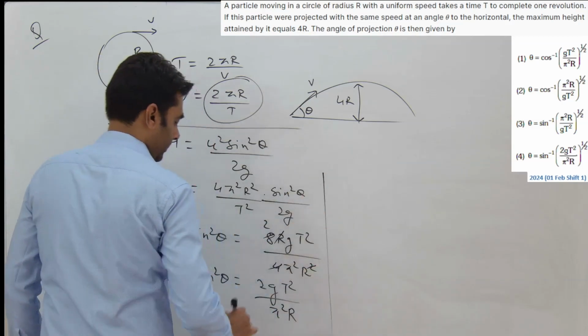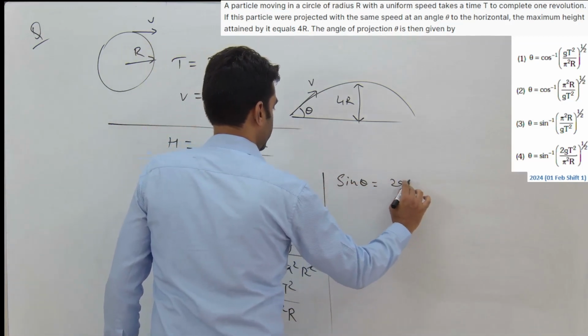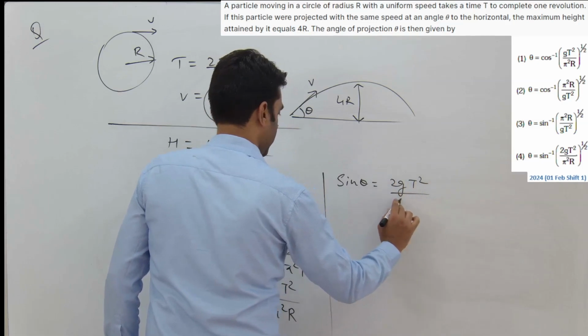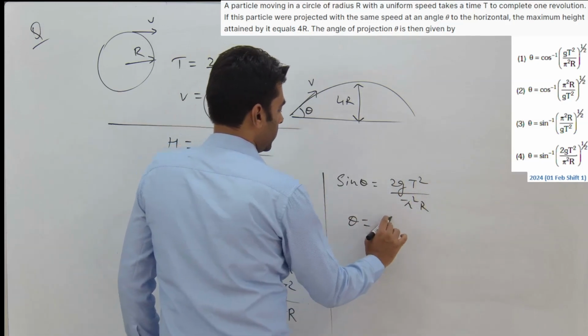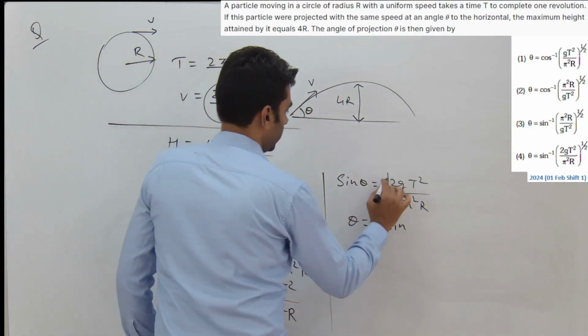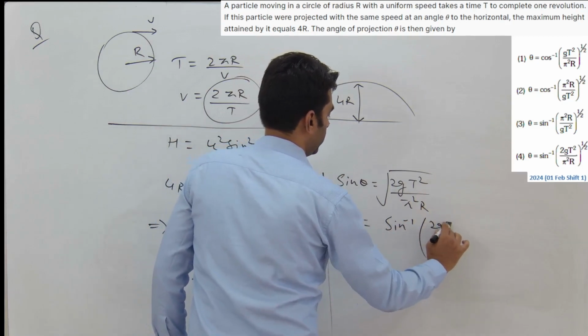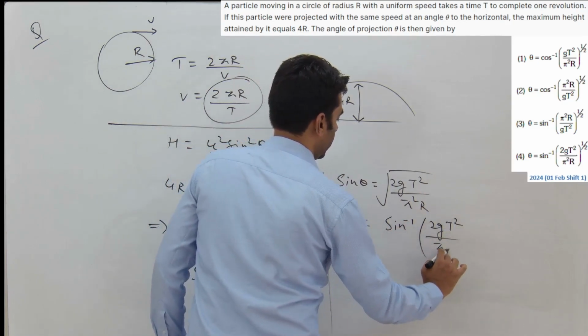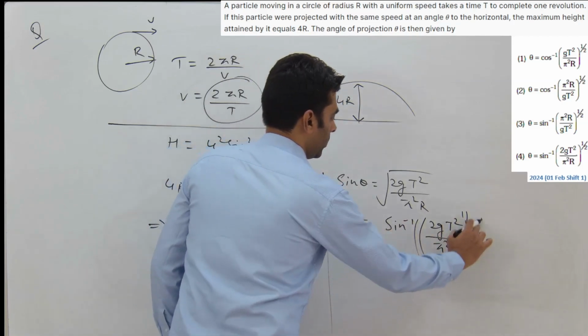Sine theta is equal to 2gt square by pi square r. Theta can be written as sine inverse of, basically a root will come over here, power 1 by 2. So sine inverse of 2gt square by pi square r, whole power 1 by 2. This is what the answer will be.